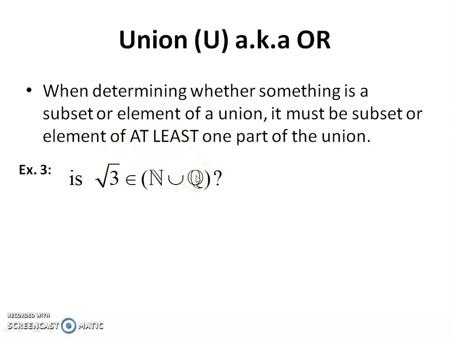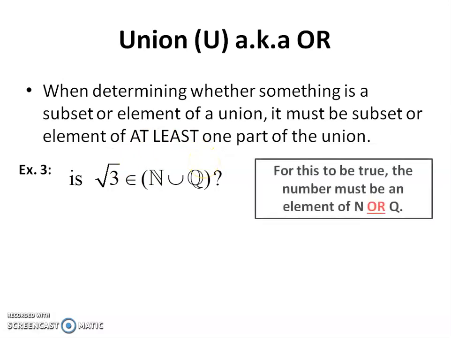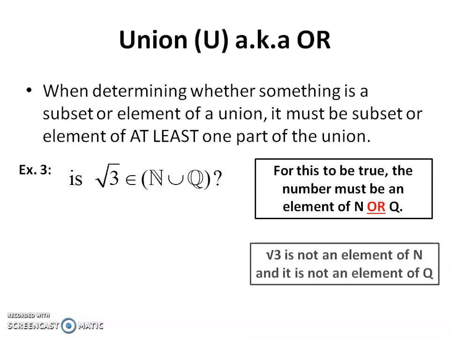And if I wanted to look visually, I would look to see what the set looks like when N and Q are put together, and check to see if root 3 is an element of that set. It turns out it isn't, and if you went according to each of these individually, root 3 is not an element of either one. So overall, I can say that root 3 is not an element of N union Q.